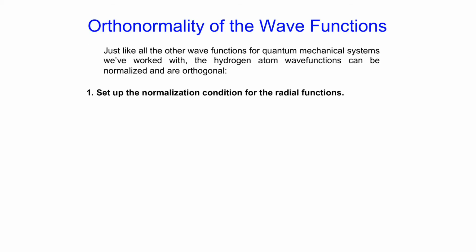So before we finish up here with our hydrogen atomic wave functions, let's take a look at the orthonormality conditions for these wave functions. Just like every other wave function that we've looked at for other quantum mechanical systems, the hydrogen atom wave functions are also orthogonal and normalized.